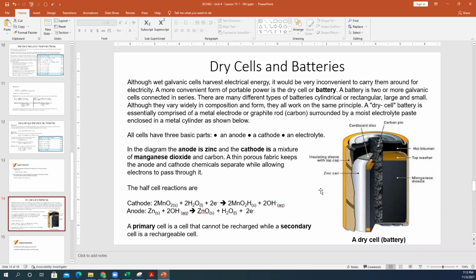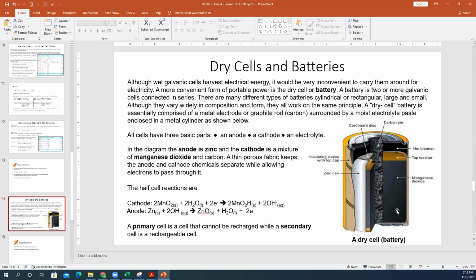So all of these cells have 3 basic parts. They have an anode, they have a cathode, and they have an electrolyte. And in the diagram, the anode is zinc. Here's the zinc, the anode. And the cathode is a mixture of the manganese dioxide and the carbon.